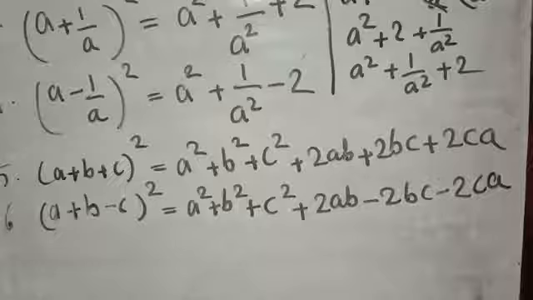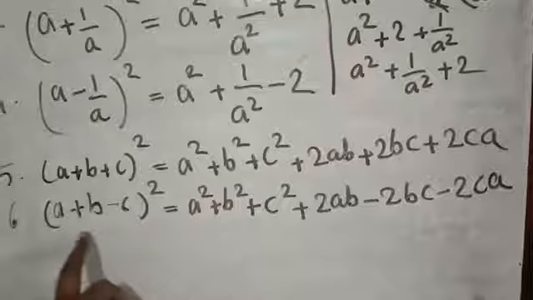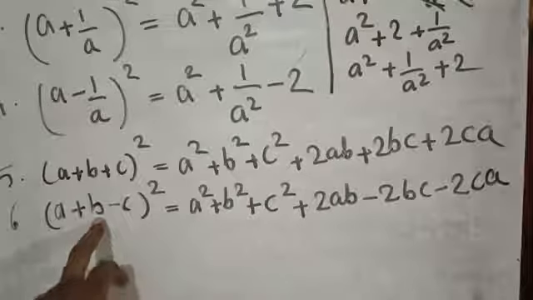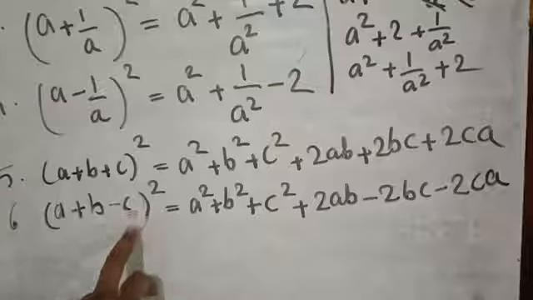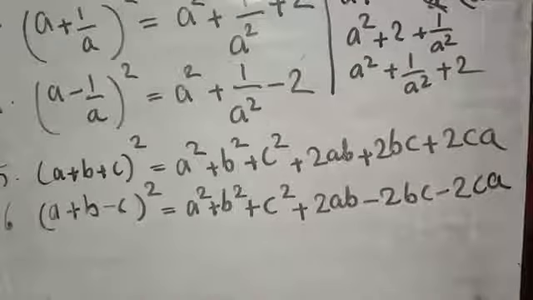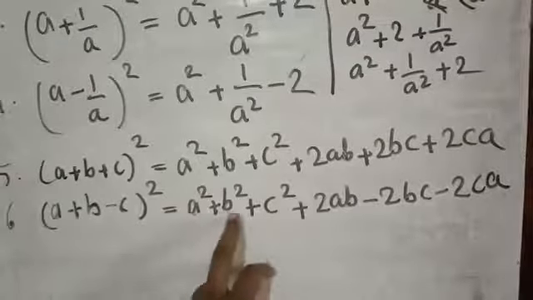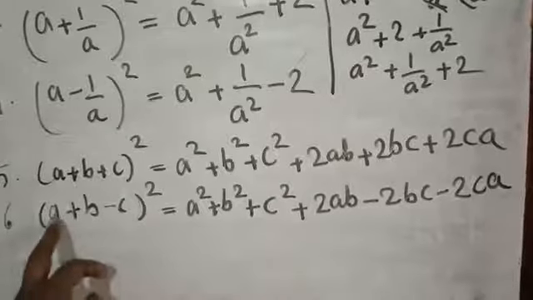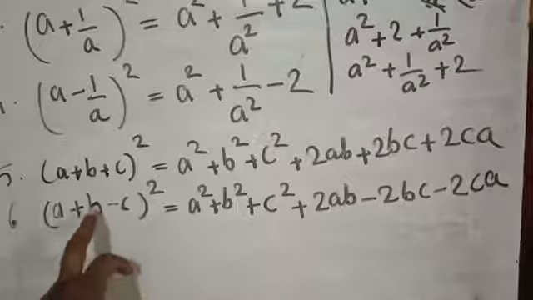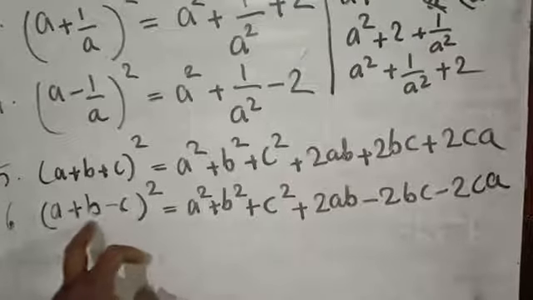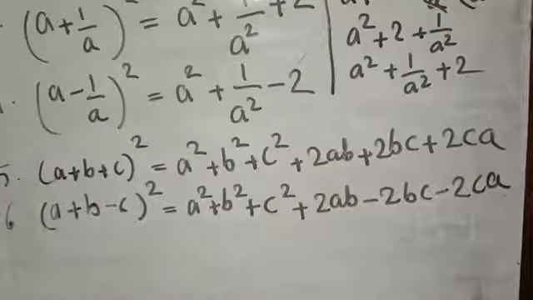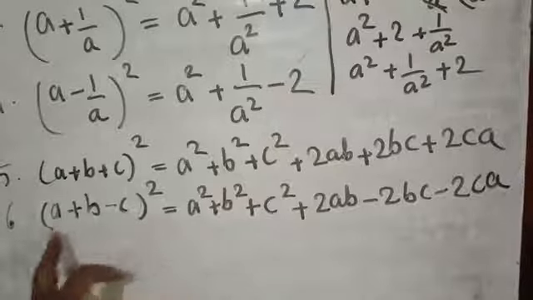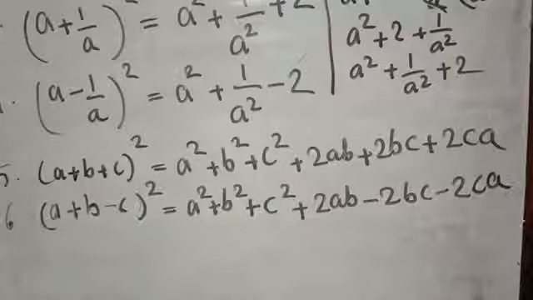According to the question you can change the sign. So a plus b minus c the whole square is a square plus b square plus c square plus 2ab minus 2bc minus 2ac. No sign change in the squares, positive sign. The first two terms are positive, so the answer is positive. For the second and third terms, one is positive and the other negative, so the answer is negative. The last term and first term also give negative. Clear?